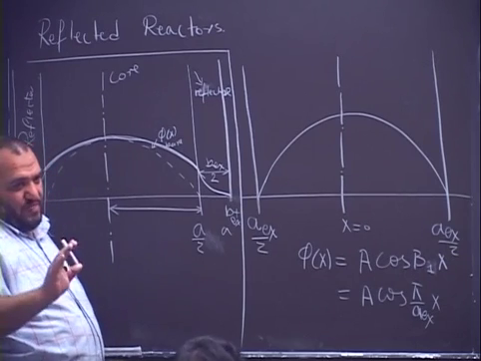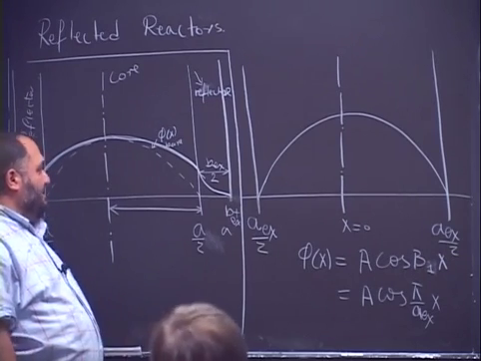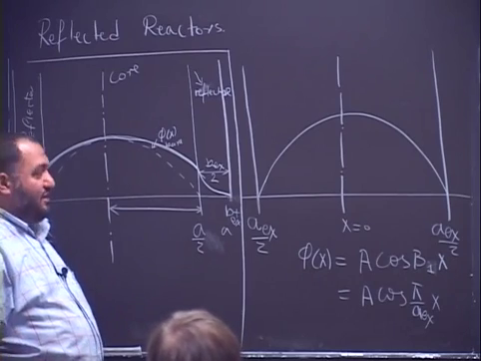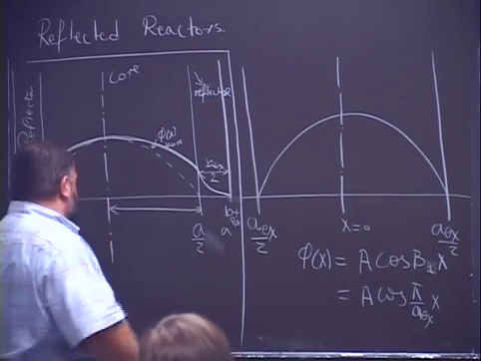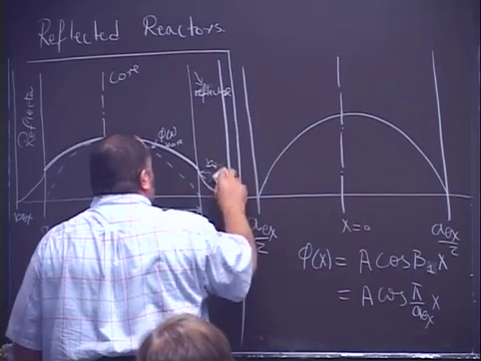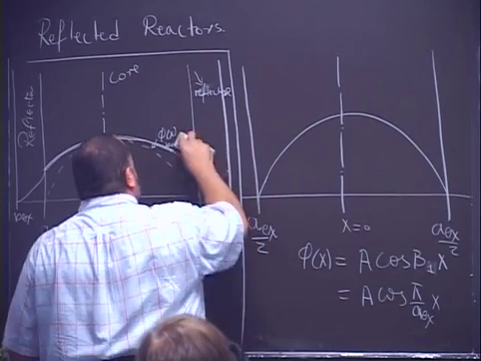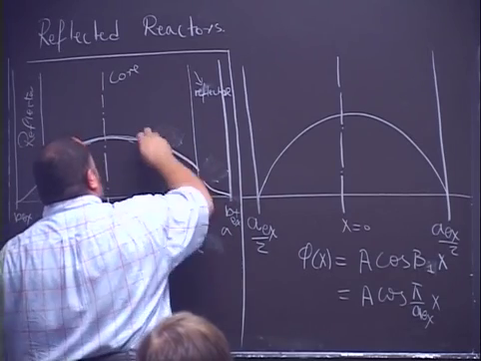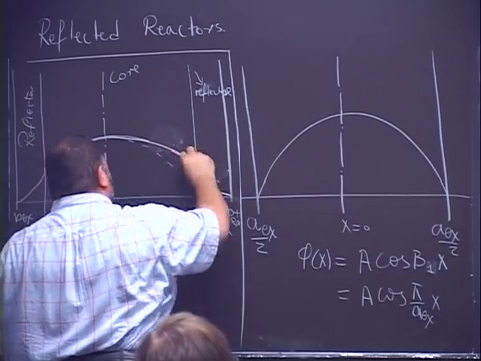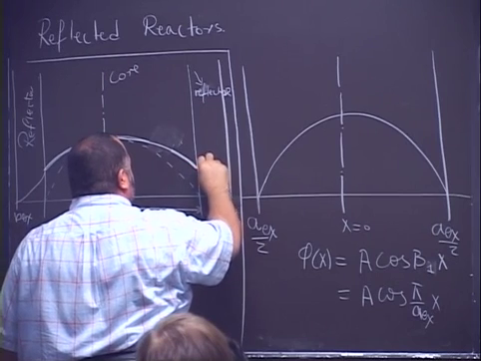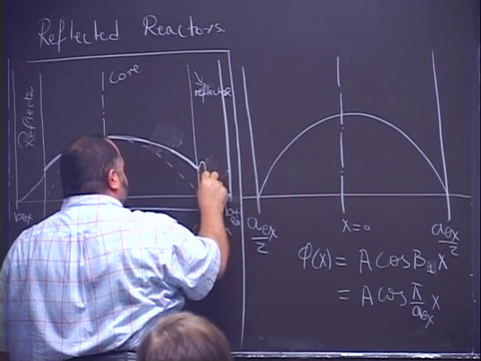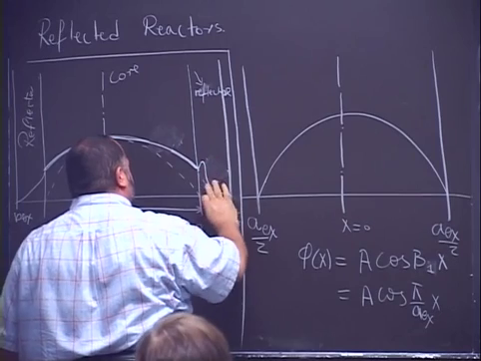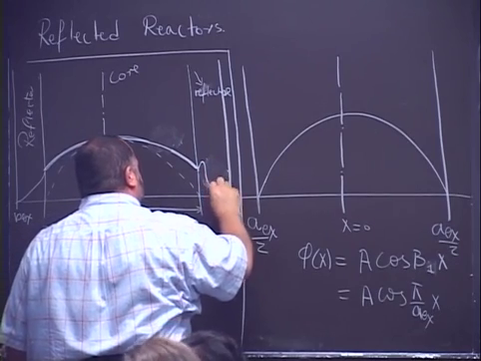But actually, this is a simplification of what's going on. The actual shape of the flux will be something like still the same. You will have a hump like this, then you will have the flux like this inside the reflector.